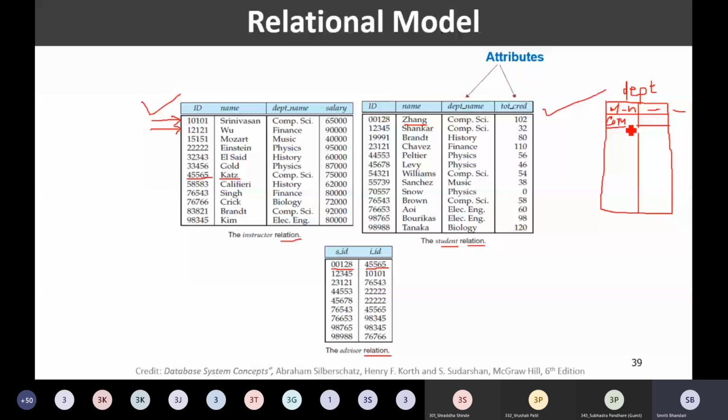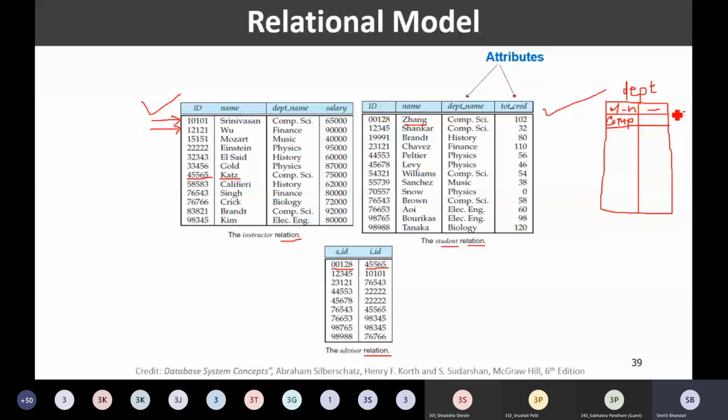Then and only then is it allowed for me to use that department name here in my student table or in my instructor table. If that computer science department is not available in my department table, then my system will give me the error, referential integrity violated.